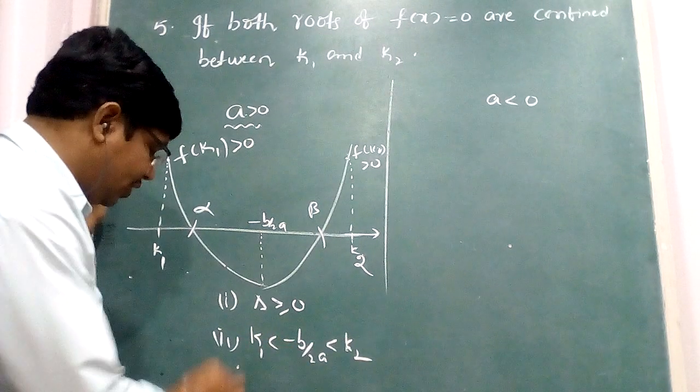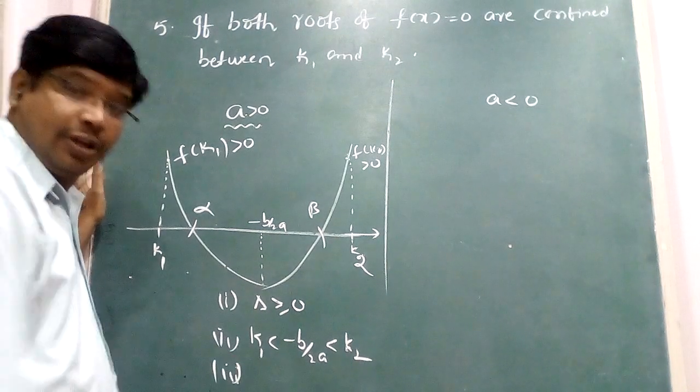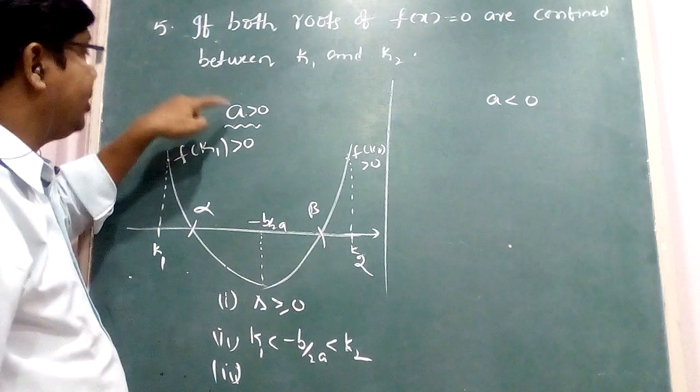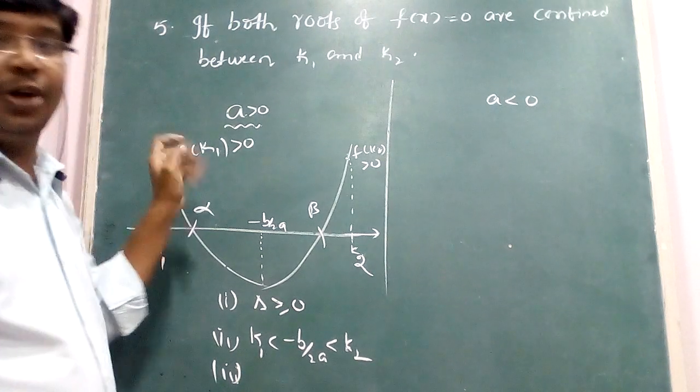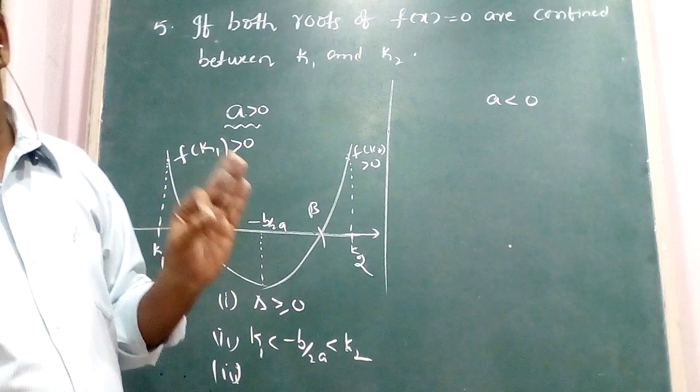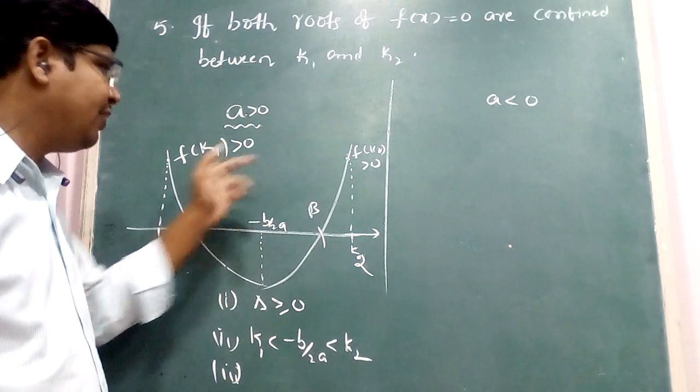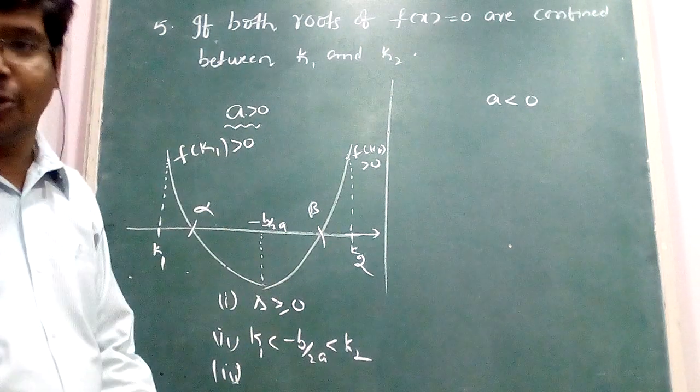Third condition: a into a positive is also positive, so a into f of k1 is also positive, a into f of k2 also positive. Otherwise, f of k1 into f of k2 also positive into positive. You can take any one condition.